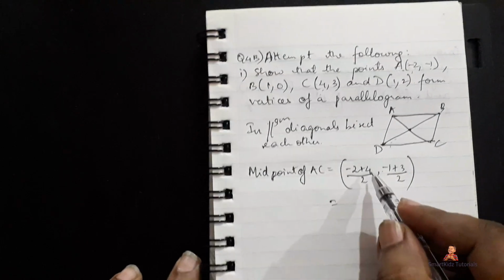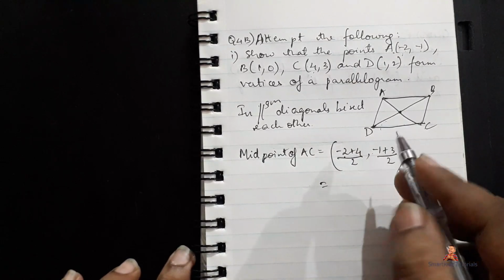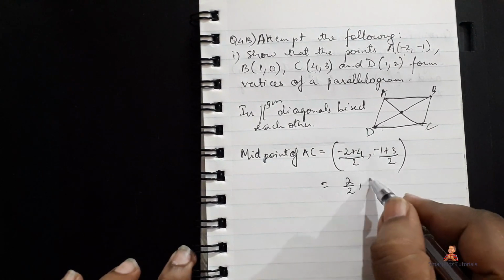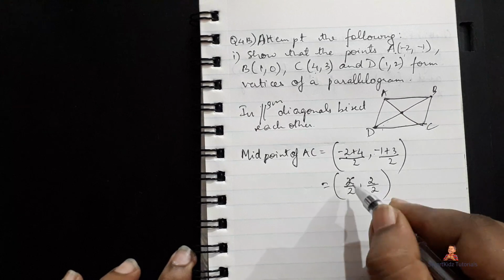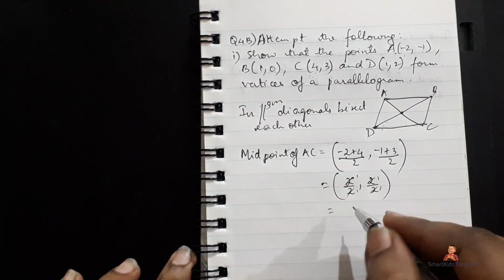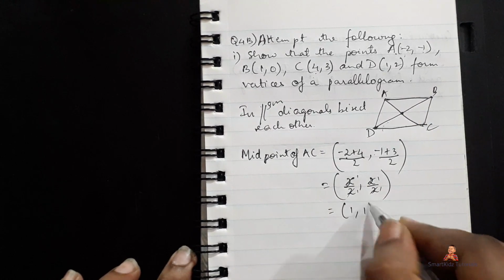Minus 2 plus 4 gives us positive 2 upon 2, comma, minus 1 plus 3 gives us positive 2 upon 2. 2 ones are 2, 2 ones are 2. We get the midpoint coordinates as 1 comma 1.